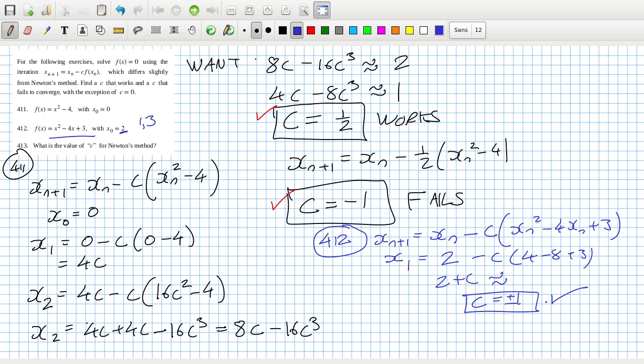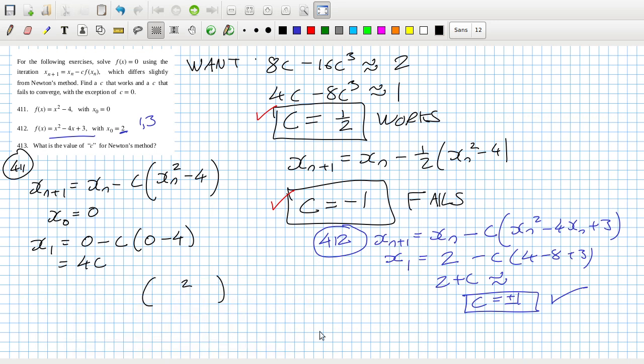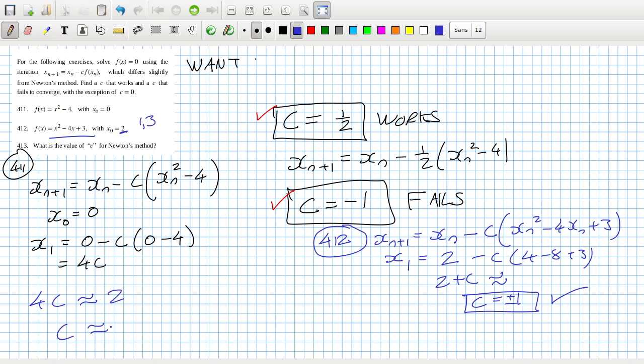And actually, I realize now that one iteration was enough. So I could have stopped sooner, earlier. I could have stopped like here. I could have said 4c needs to roughly equal 2, which means c is about a half. So that's fine. So one iteration works.